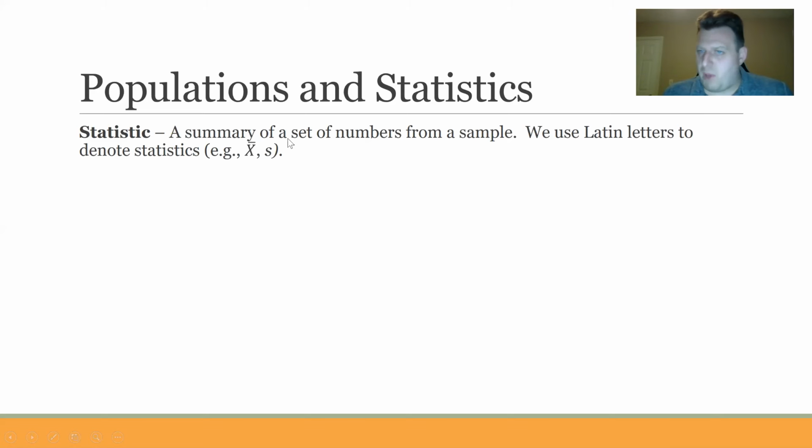If you see X bar, which you'll see many times in this class, or if you see M, I will use both of those. Textbooks like to change their notation frequently. But if you see X bar or M, we're talking about a sample mean. All right, and we take these sample statistics and we infer what the population mean and the population standard deviation are. So whatever parameters we're interested in of the population are inferred from these statistics that we calculate.